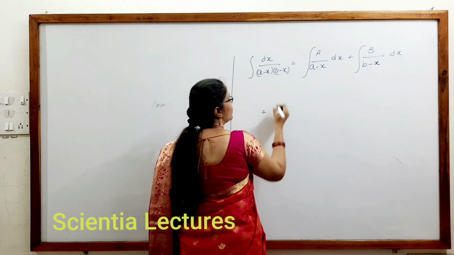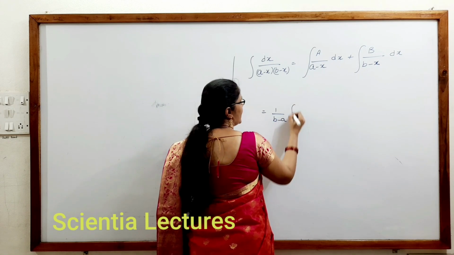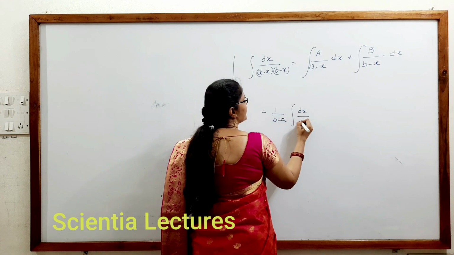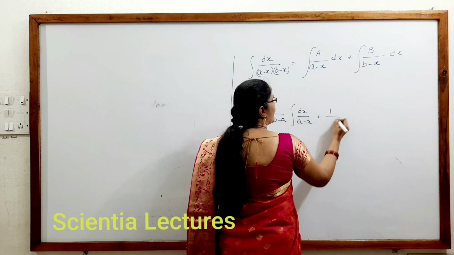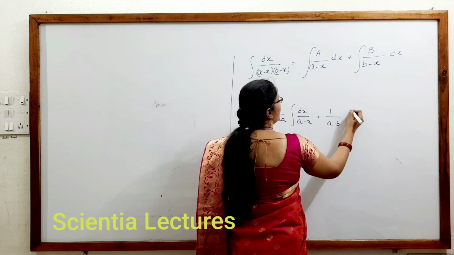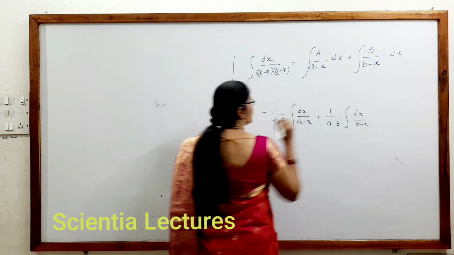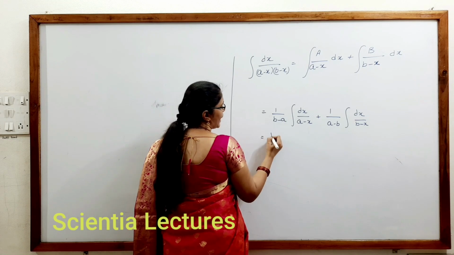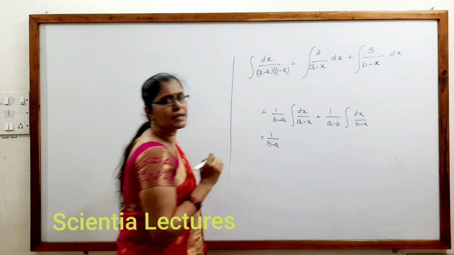This is equal to 1 by (b minus a) integral dx by (a minus x) plus, what is capital B? 1 by (a minus b) integral dx by (b minus x).